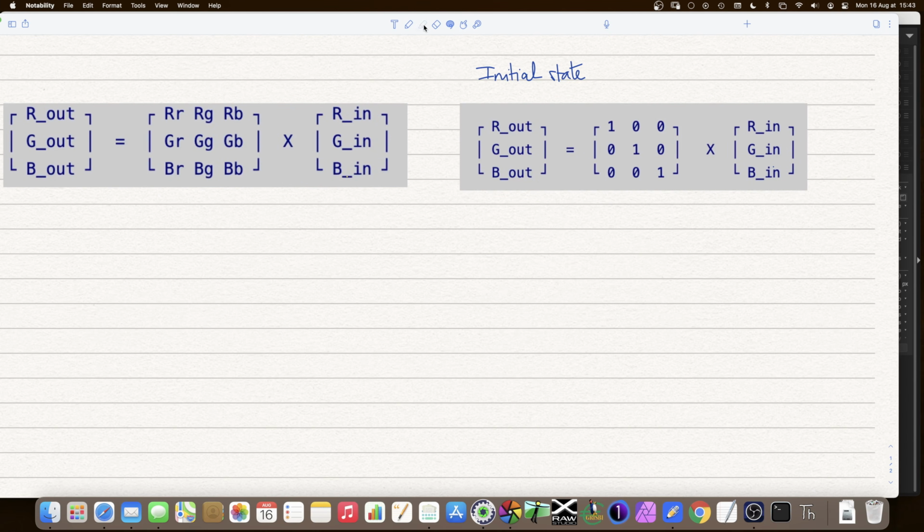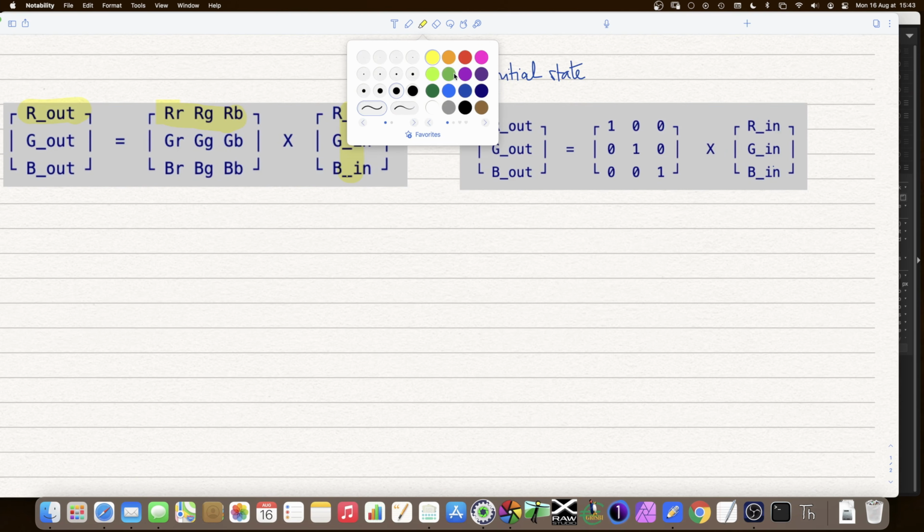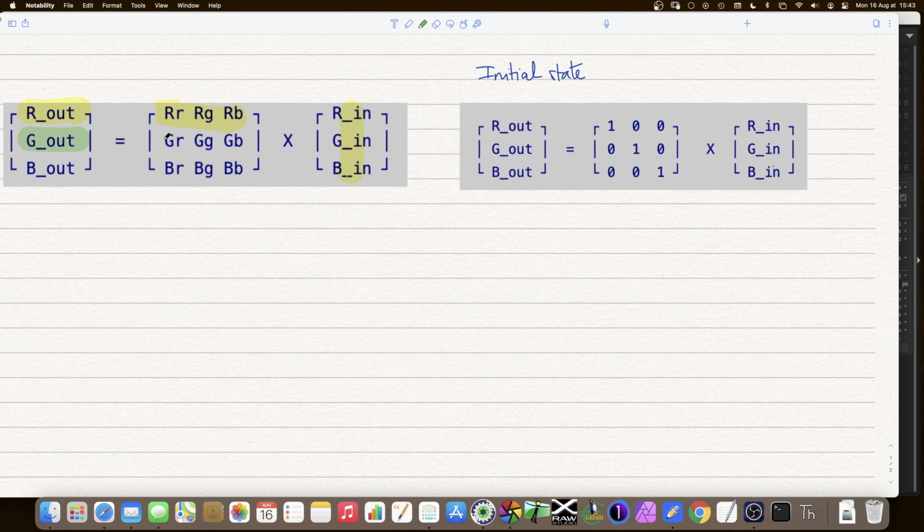If you're not familiar with matrix multiplications, and you would be forgiven for that, then the first line times the vector would be equal to the first value here. The second line, green, would be the second line times the same vector.